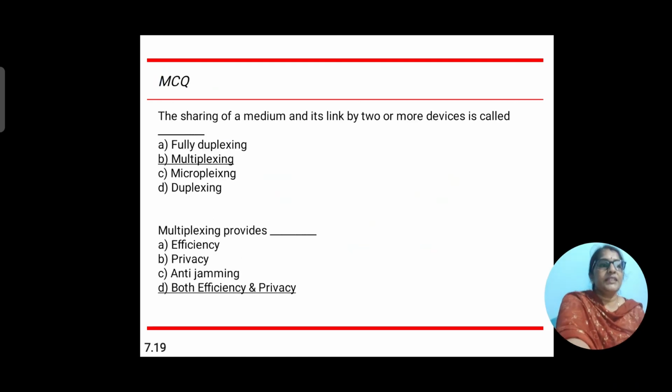So let us see some questions. The sharing of a medium and its link by 2 or more devices is called multiplexing. Second question: multiplexing provides both efficiency and privacy.